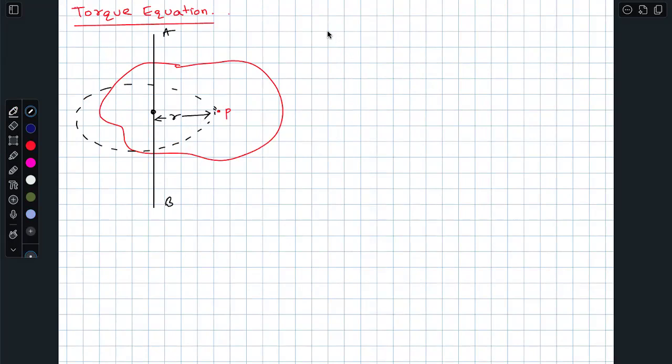I can see two things at P. Point P will have centripetal acceleration. Point P will have tangential acceleration also. Why? Because I am noticing that the speed of P is increasing.